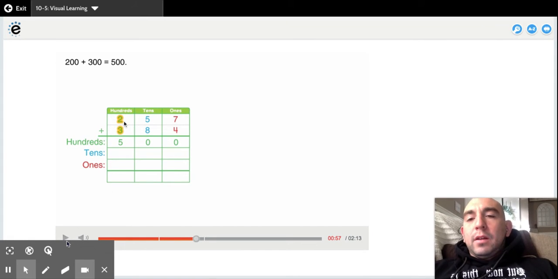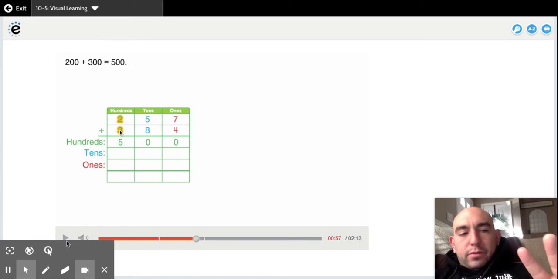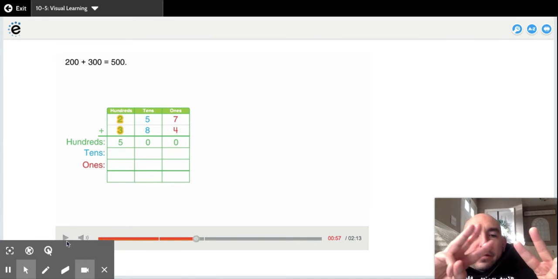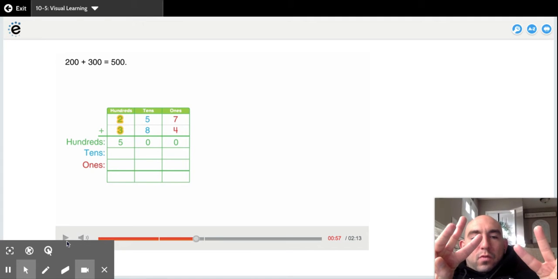Okay, really quickly. Where did they get that, Mr. Levine? Well, we said these numbers' value depends on what part of the chart they're in. This 2 in the hundreds column means 200 plus 300. So I have 200s, hold on, and I have 300s. 1, 2, 3, 4, 5.